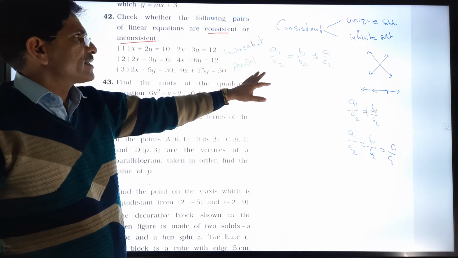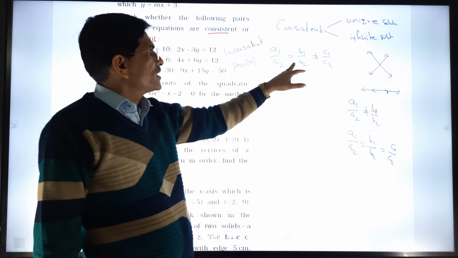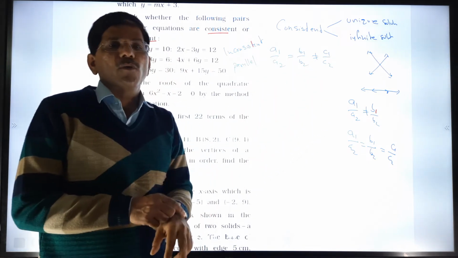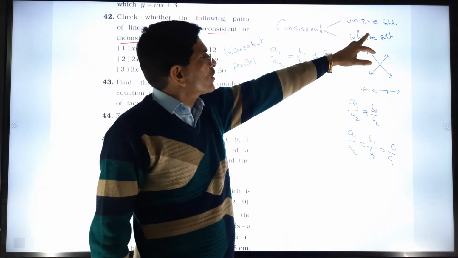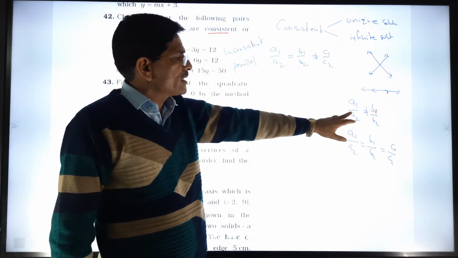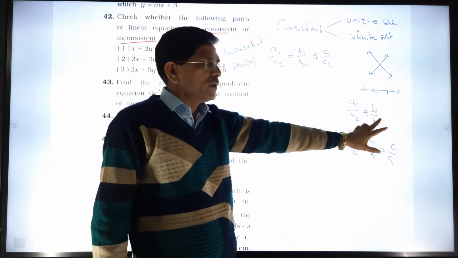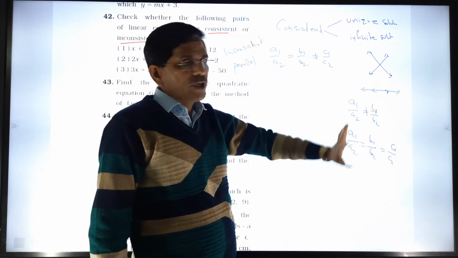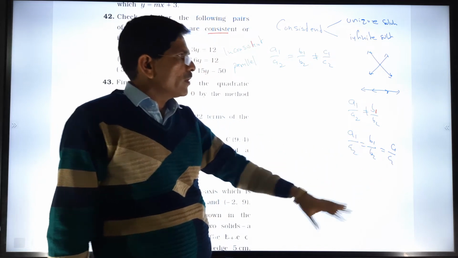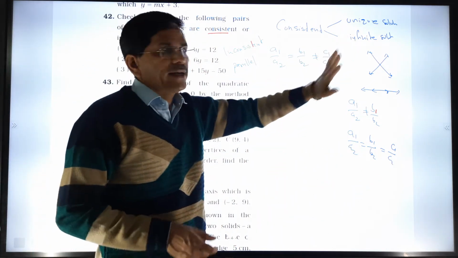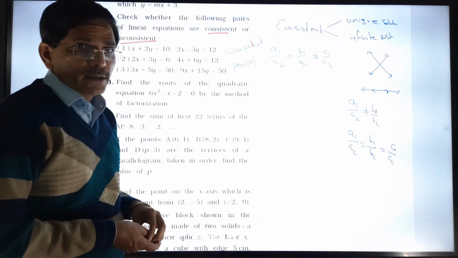We can say it's parallel when a1 upon a2 is equal to b1 upon b2 but not equal to c1 upon c2. For unique solution, always remember a1 upon a2 not equal to b1 upon b2. And when a1 upon a2 is equal to b1 upon b2 is equal to c1 upon c2, we can say infinite solution or dependent.